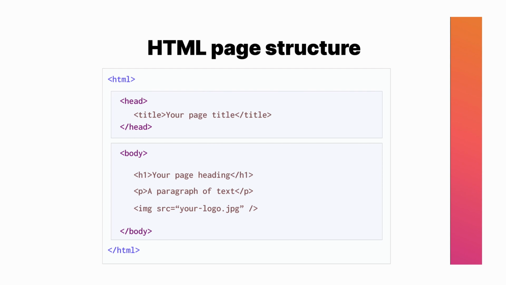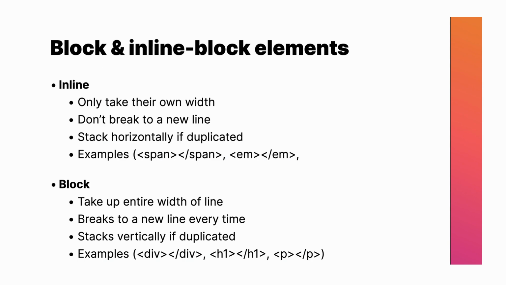Some paragraph text, which is the P tag, which is what that stands for. And then an image that's called logo.jpg. That would actually render an image at that point, assuming we have that in our directory or folder where this file is.